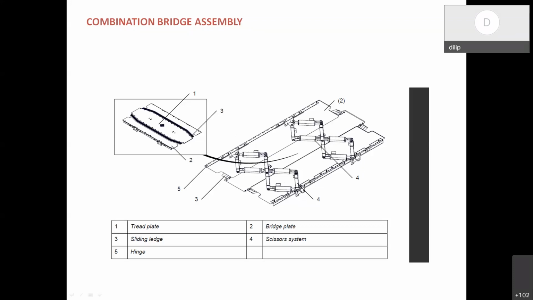Moreover, this arrangement will carry its own weight and also the weight of the passengers. Both ends, if you see this flange, are fitted to the coach assembly, and the passenger weight and the weight of this assembly will be taken by this scissor arrangement.